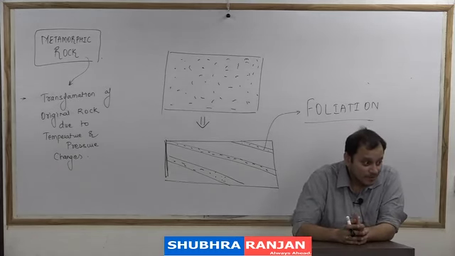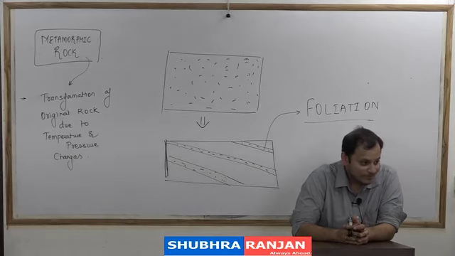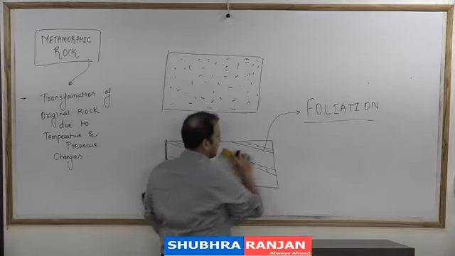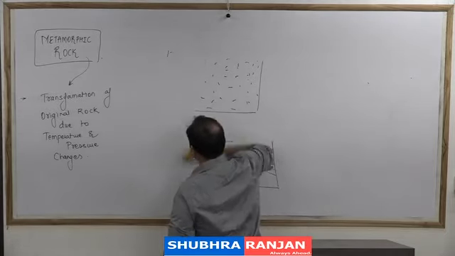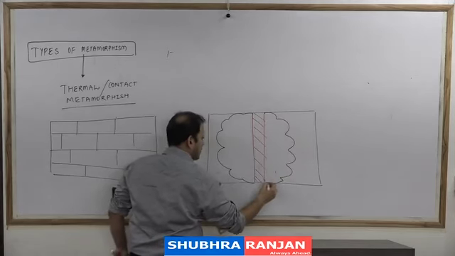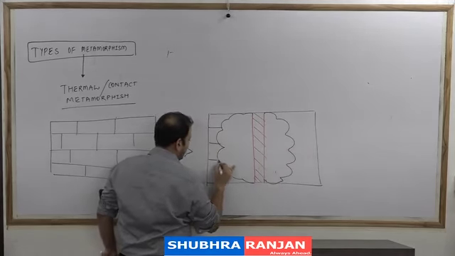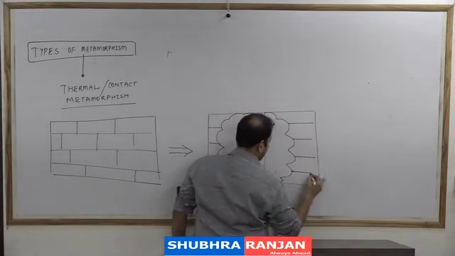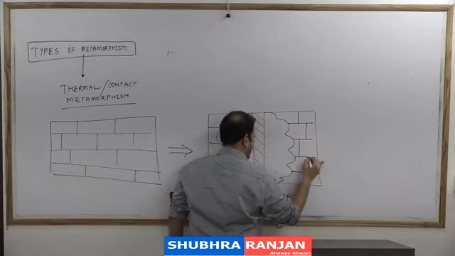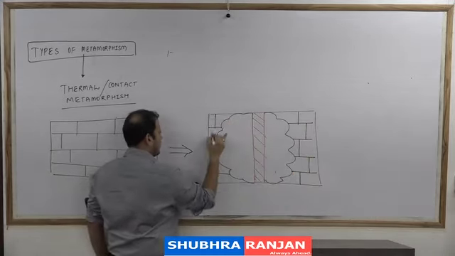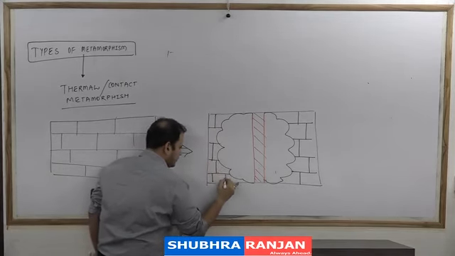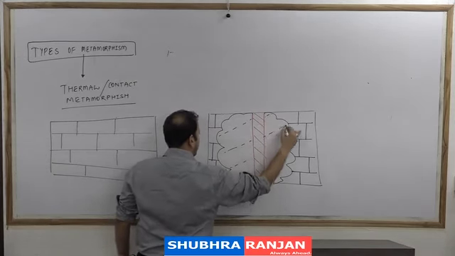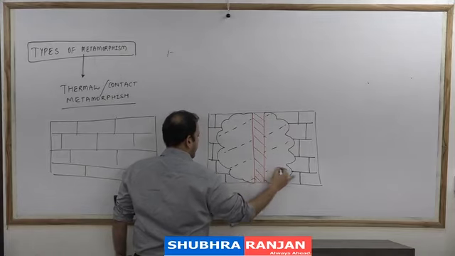What property is this? This is the parallel property of metamorphic rock. Yes, it will not be changing, only the area which comes in the contact will be metamorphosed. What am I showing here?